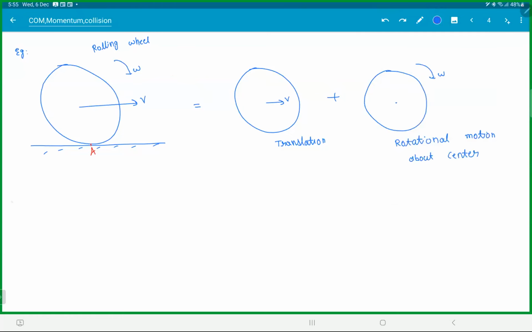What about this? If you have a table fan which is swinging, and this diagram. Let's say you have a fan like this. It's not looking good, but yeah.